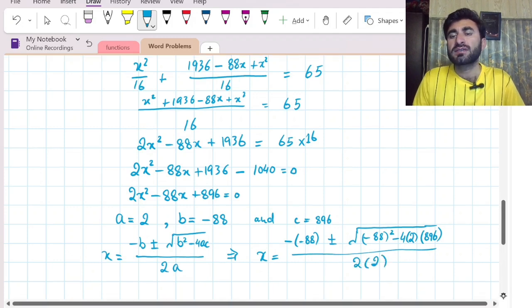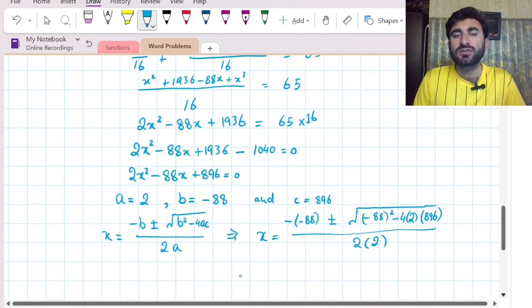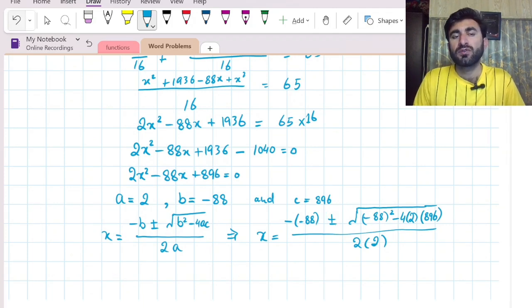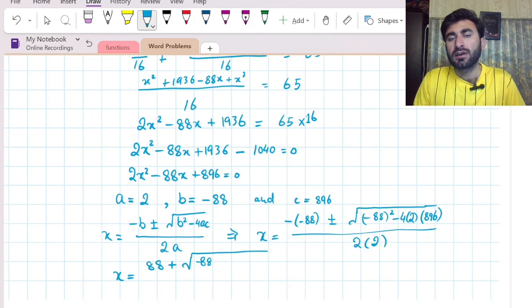Now we just need to calculate the value of x using a calculator. I'm not expanding it, we will put the values directly in the calculator and write the answers right after it.